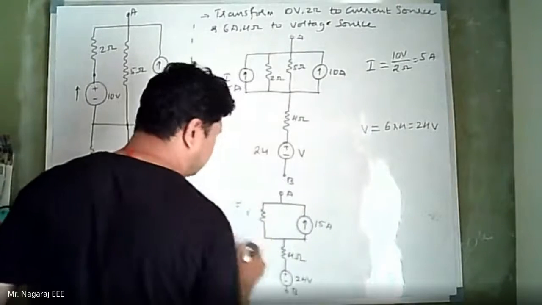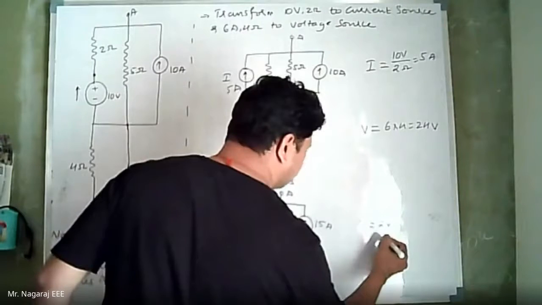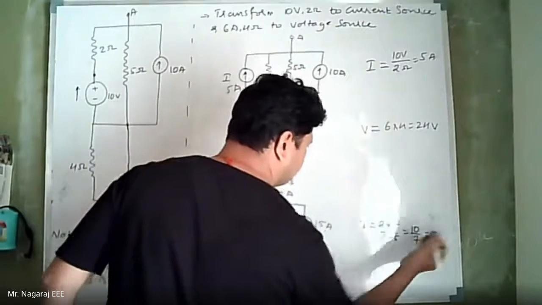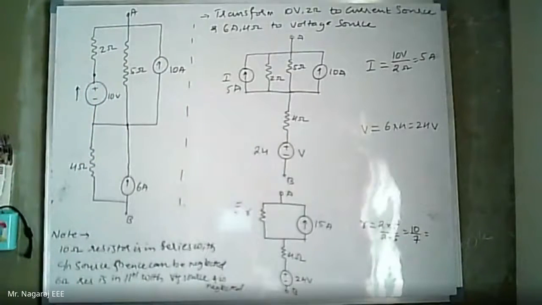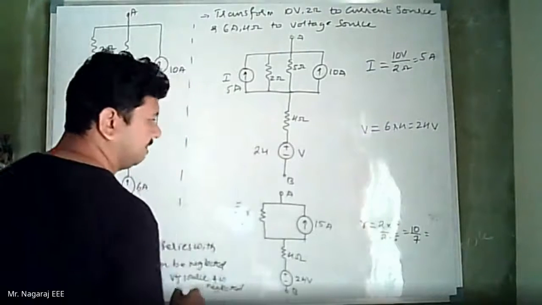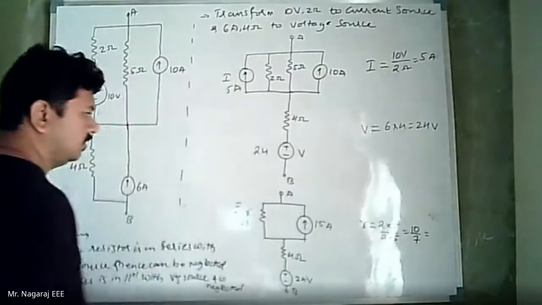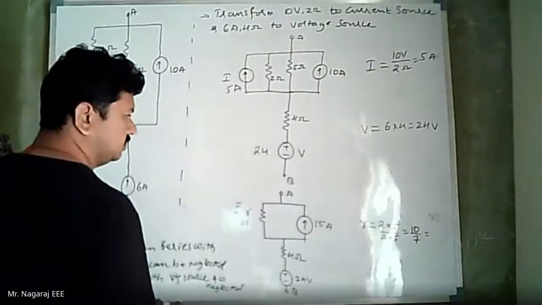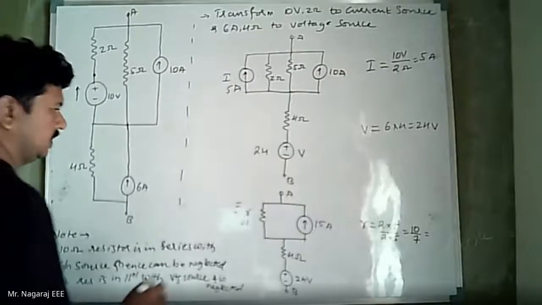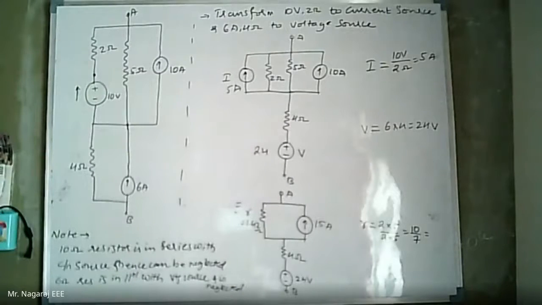So this is R. I will take it as R equals 2 into 5 divided by 2 plus 5. So 10 by 7. It will be around 1.42 ohms or so.